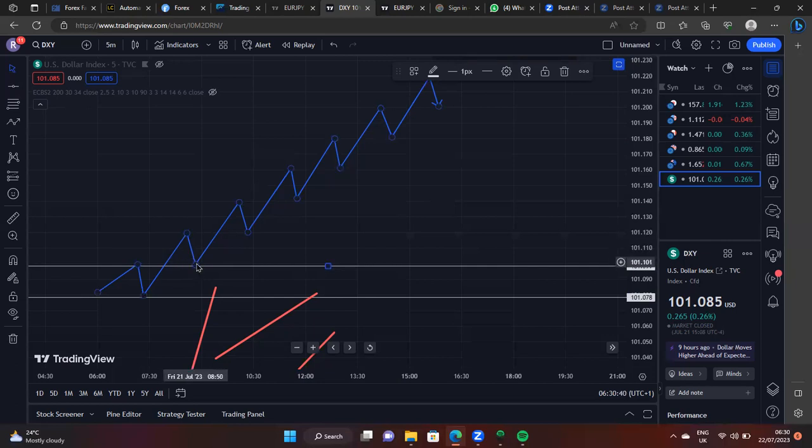When price was at this zone for the low, it was a current low. And the rule states that for a current low in an uptrend, it must not be lower than the previous low.